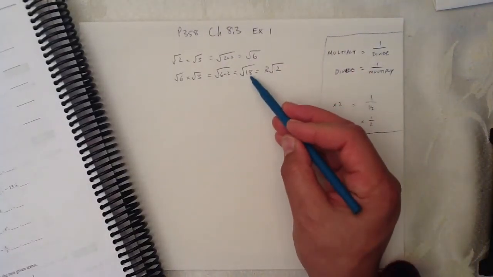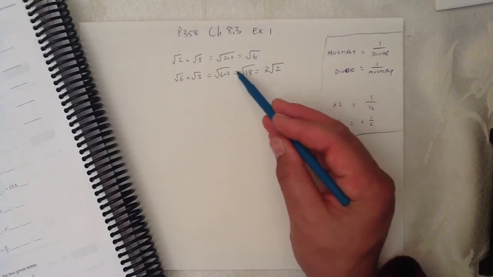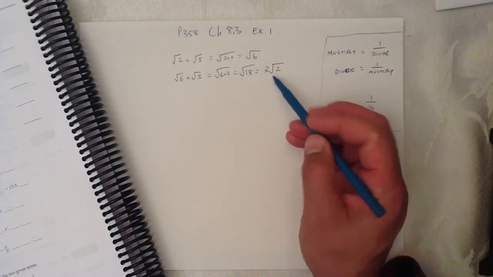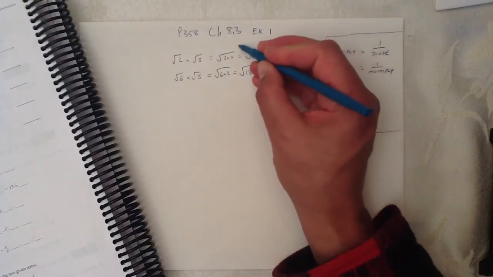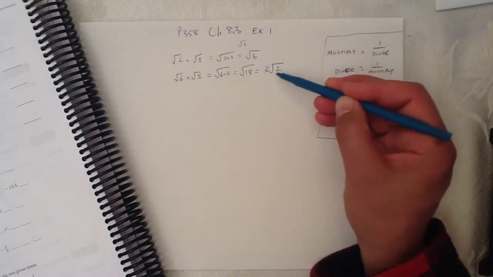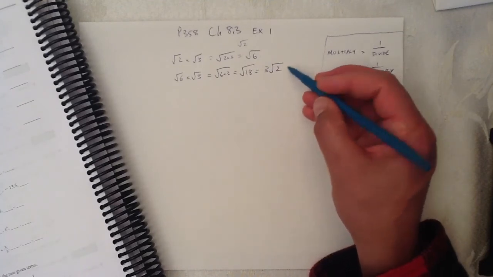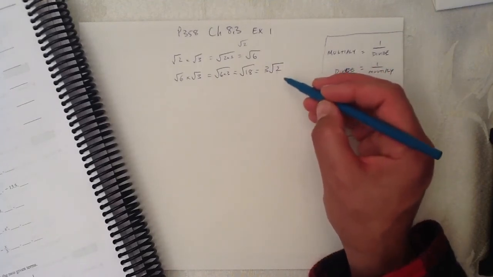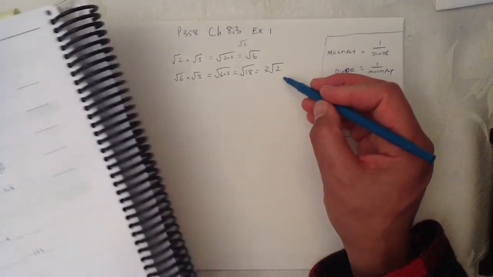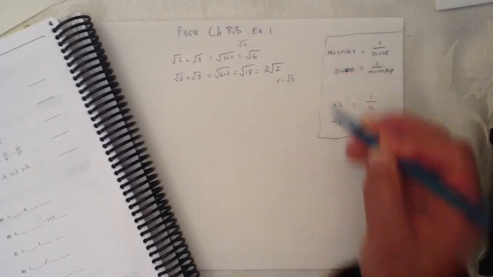And you get root 18 becomes 3 root 2 because we pulled a 9 out of it, and then we put its square root on the outside. So it's 3 root 2. So we do have root 2 was the first one, then root 6, then 3 root 2, and we multiply that by root 3, and it actually becomes 3 root 6. So this is, in fact, a geometric sequence, and r equals root 3.